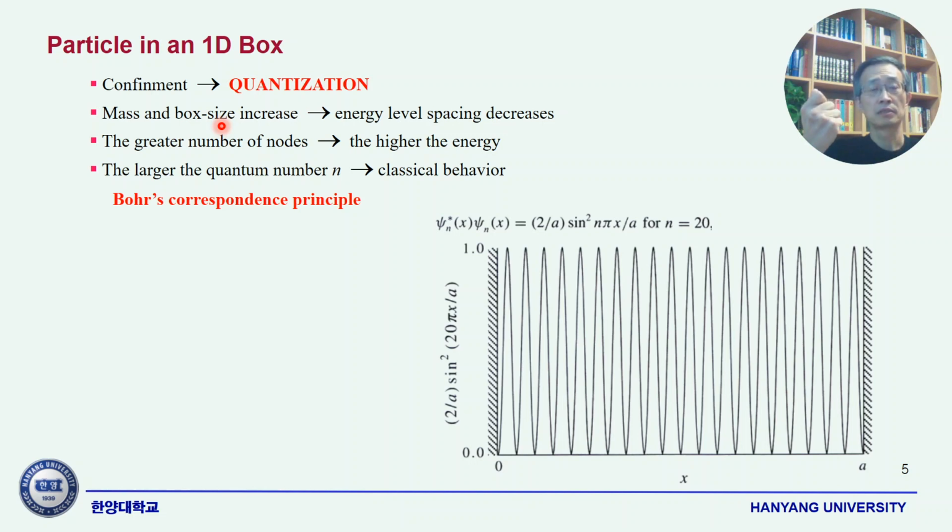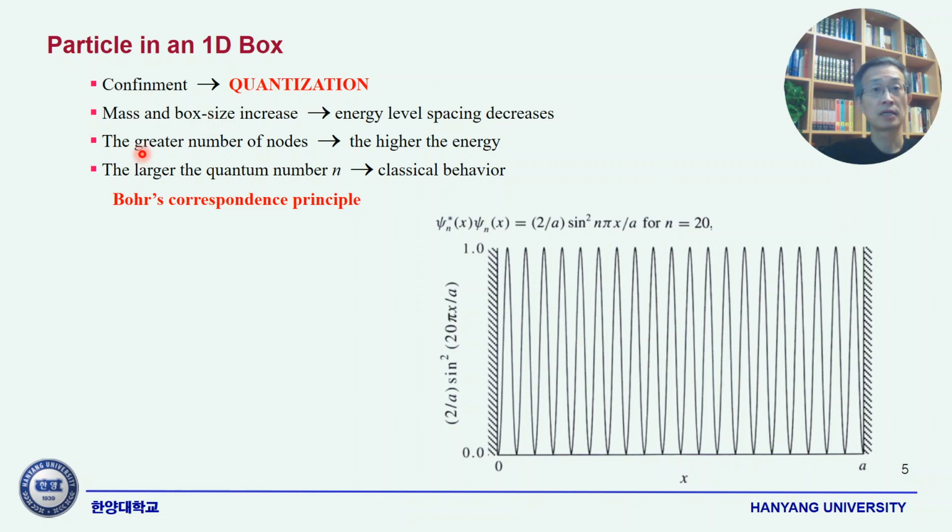Remember that in quantum mechanics, we are dealing with microscopic objects, very light mass like an electron, and very tiny dimensions, like 100 picometers, which is 1 angstrom. If we increase mass or box size, the energy level spacing decreases, because m and a are in the denominator.